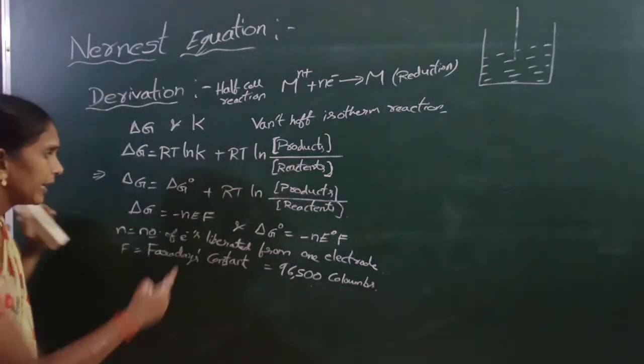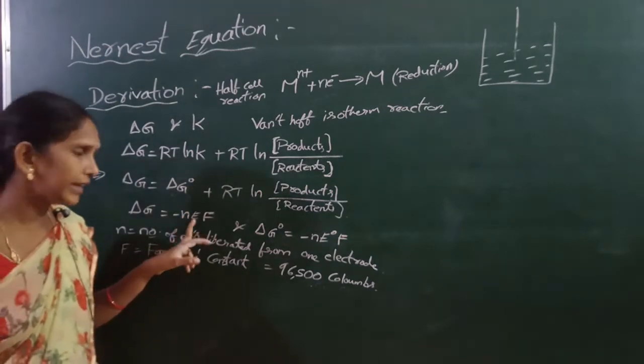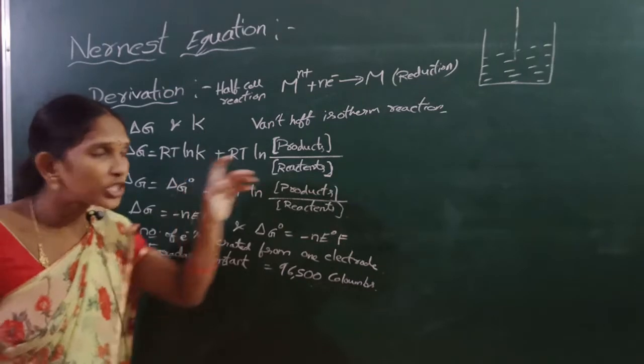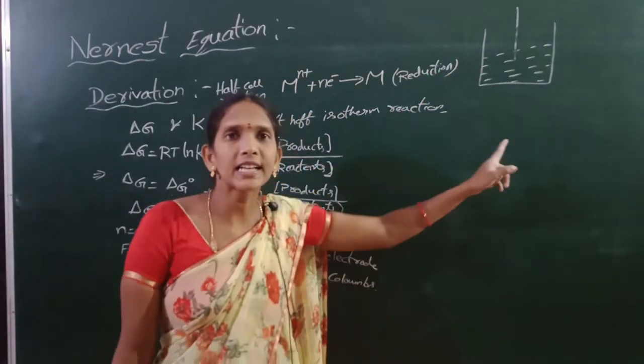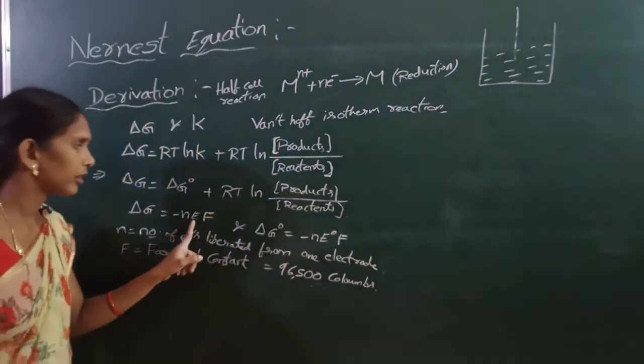Here E is the electrode potential. Electrode potential means the potential developed by a metal in contact with a solution having its ions, as we discussed in the last class.